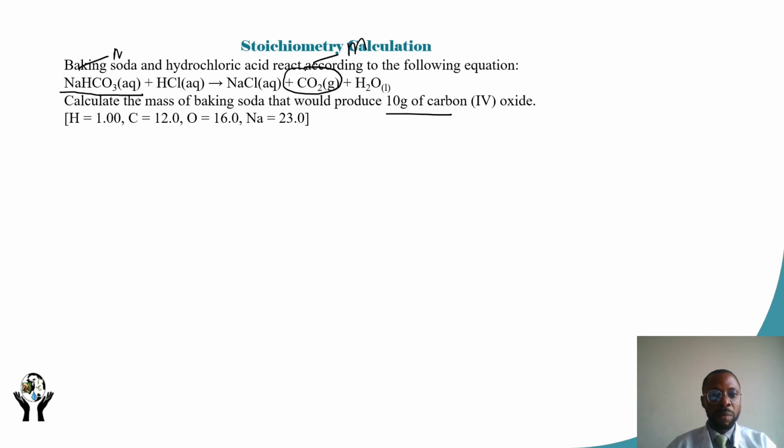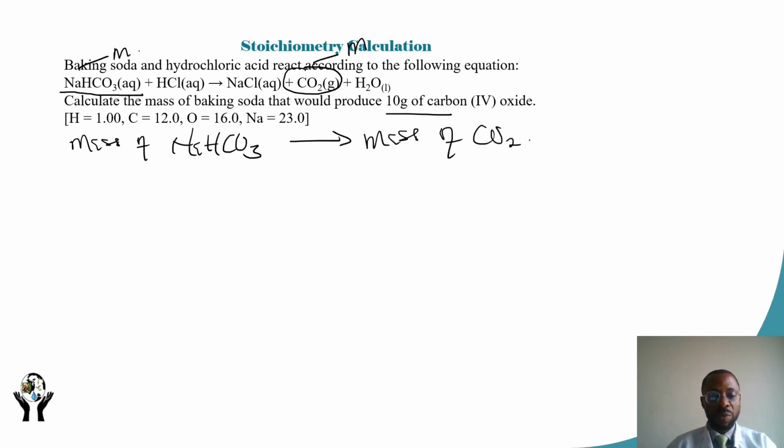So we're also talking about the mass of this. So it's about the mass of NaHCO3 with respect to the mass of CO2. The question says, what is the mass of baking soda?